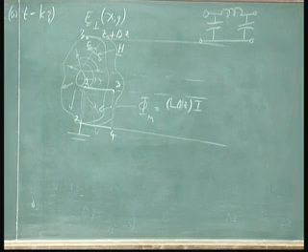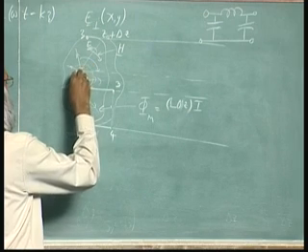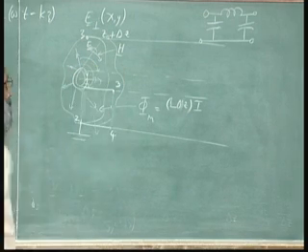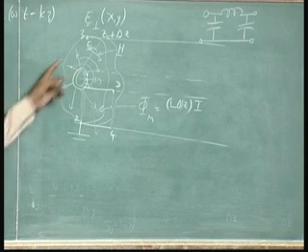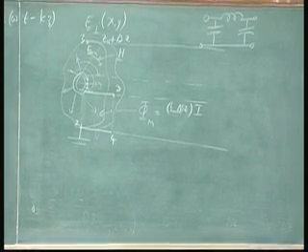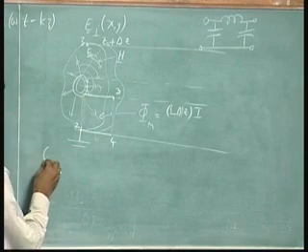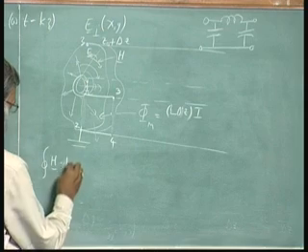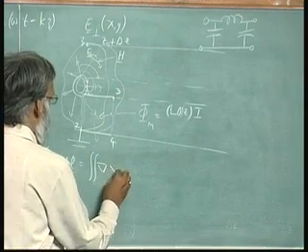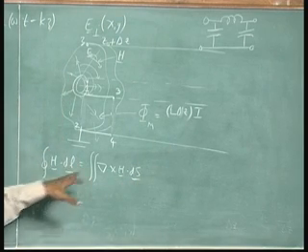What I want is to look at a loop going round the inner core, looping it in the positive sense. If I do h dot dl there, integral h dot dl is therefore equal to surface integral curl of h dot ds, Stokes theorem.